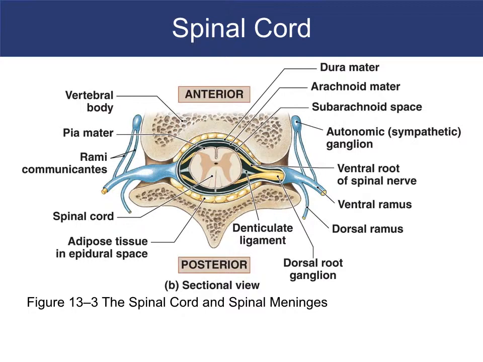Whereas with an epidural anesthetic, epidural is in this fat right here. You don't go in through the dura at all. It's on the outside of the dura, thus epidural. And you put a little plastic catheter into this space right here. You feed it in through the needle, which is a big needle.